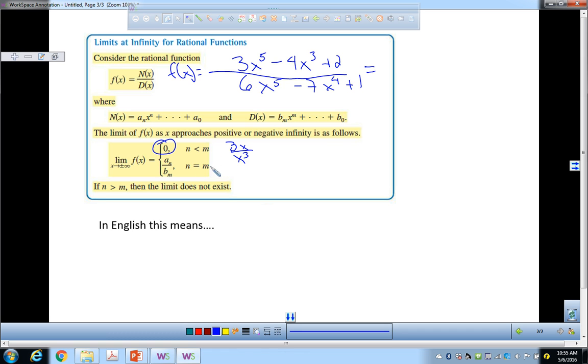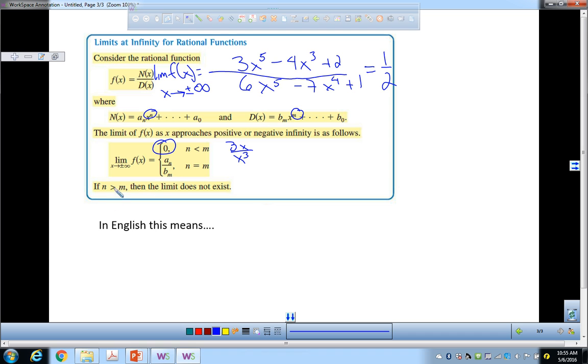M is the degree of the top polynomial, okay? And N is the degree of the bottom polynomial, okay? So what was this approach? That's right, Dan, what did you say? 1x, right? So the limit of f of x as x goes to plus or minus infinity is going to be positive 1.